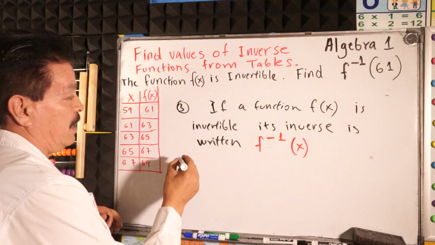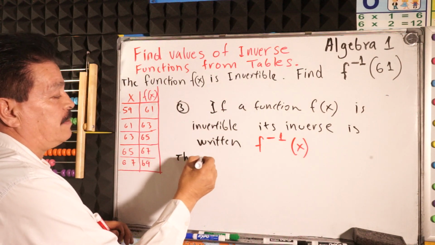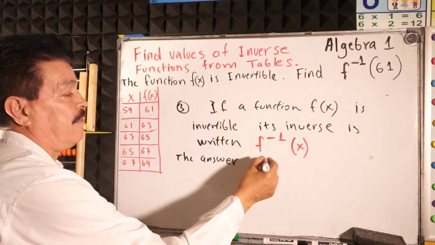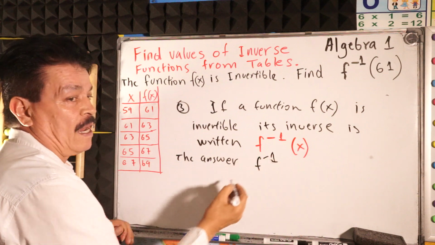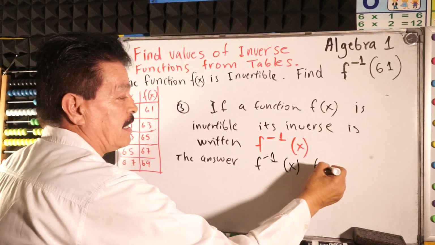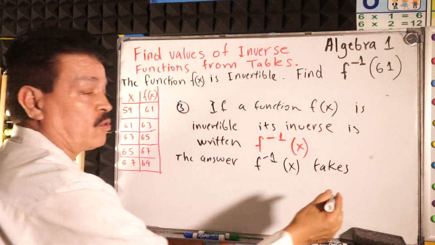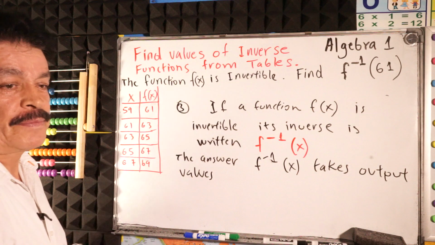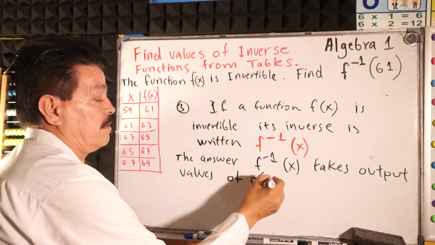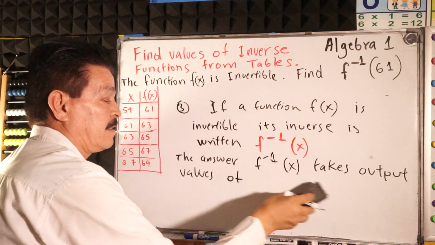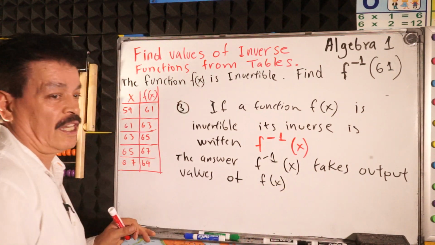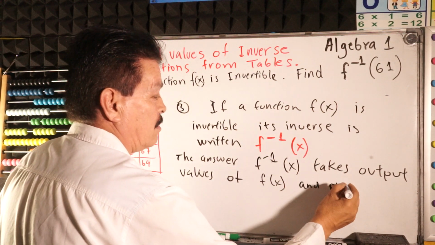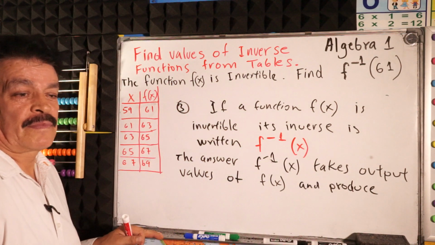The answer here may be another clue. So f to the -1 of x takes output values of f of x and produces input values.